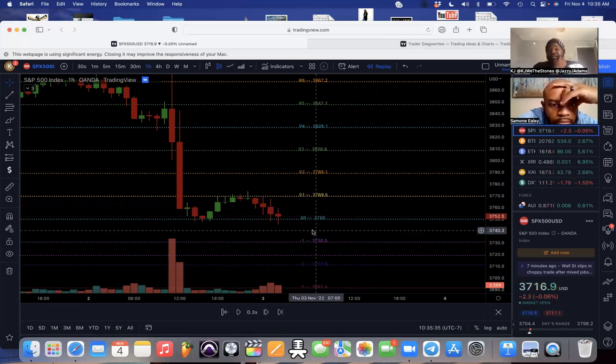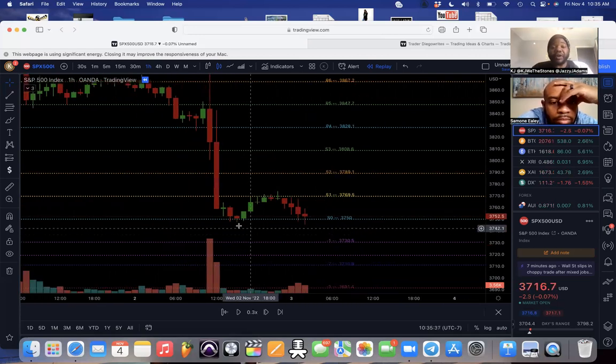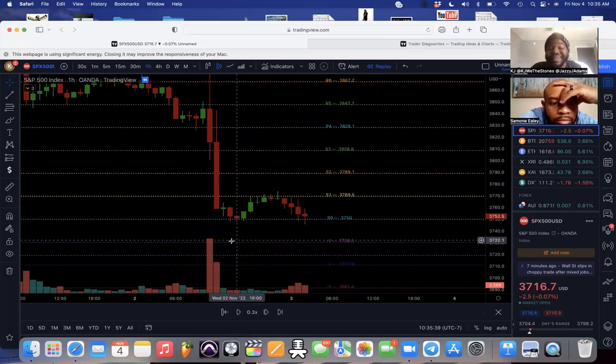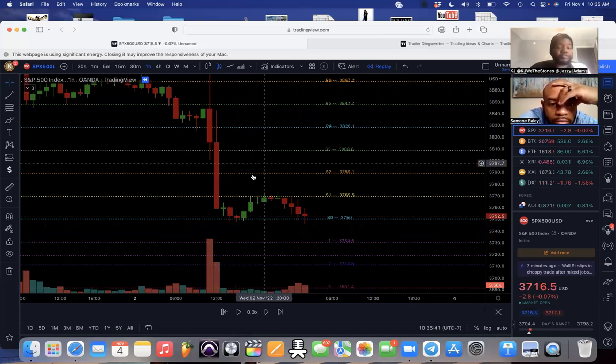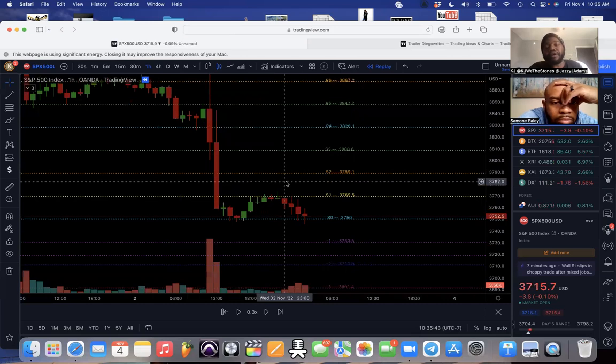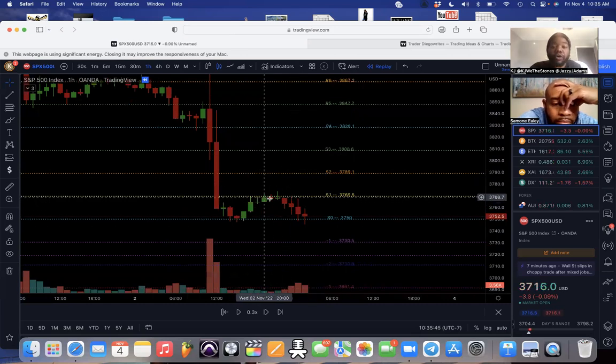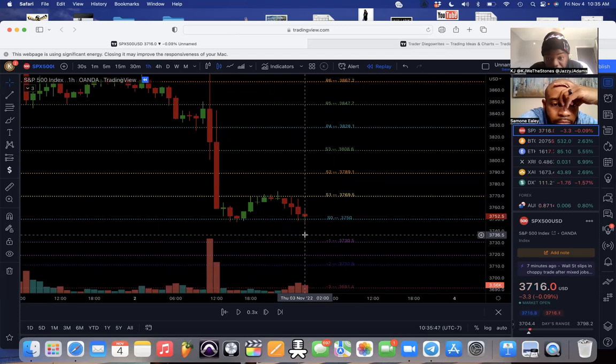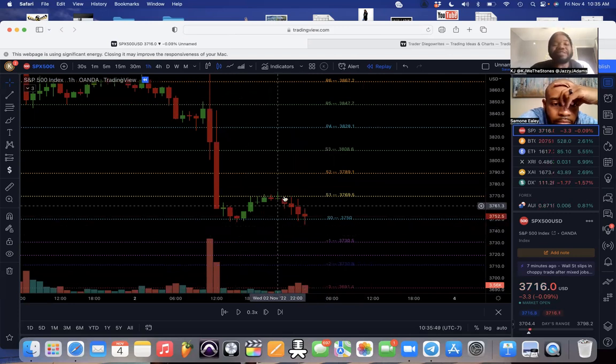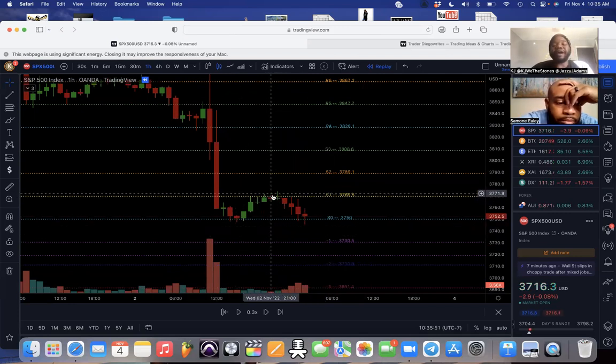This is what helps me have so much patience sometimes, because I know I would have wanted price to come into here and then push up for my buy, or come into here, then push down for my sell. But I'm not just gonna take a risky buy here because price came here thinking it's gonna go to S2.